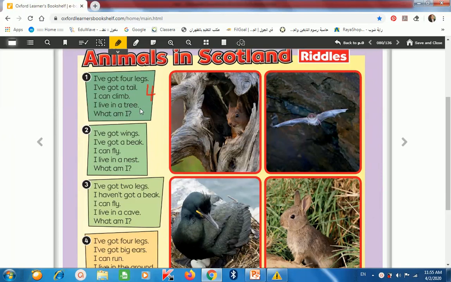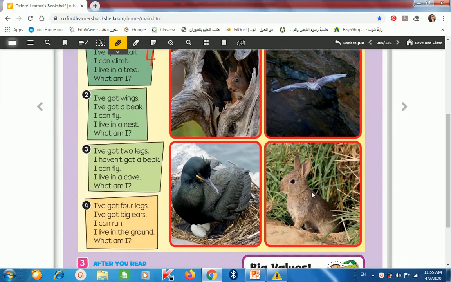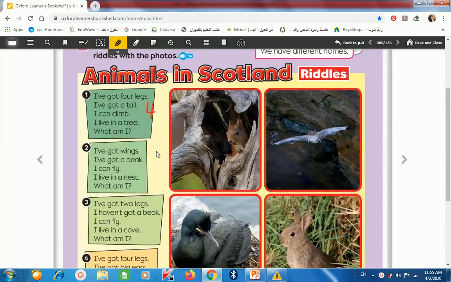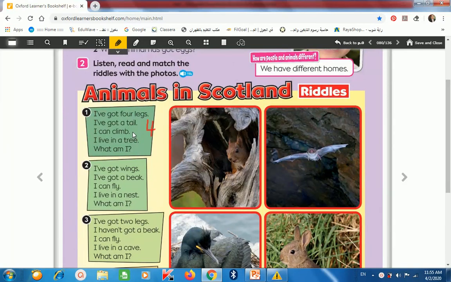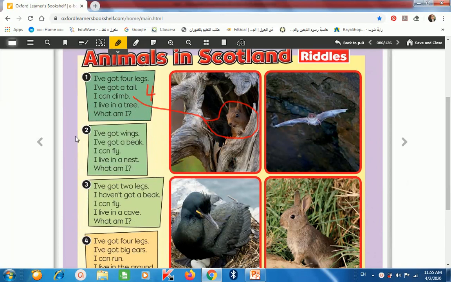Here you can tell me which animal. Who am I? Which animal of these live in a tree? Yeah, of course, that's so easy. This is a squirrel. So match the squirrel with number 1. Now let's move to number 2.